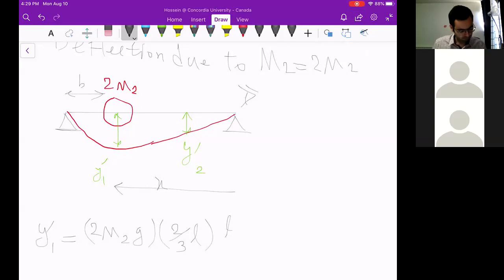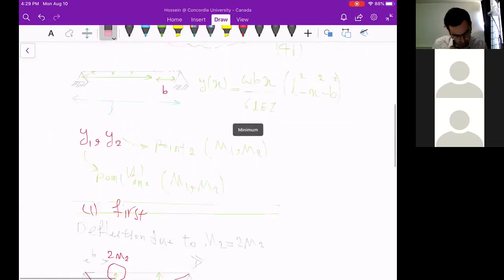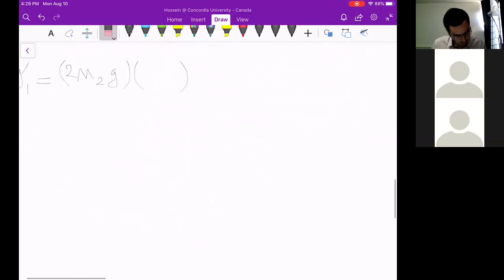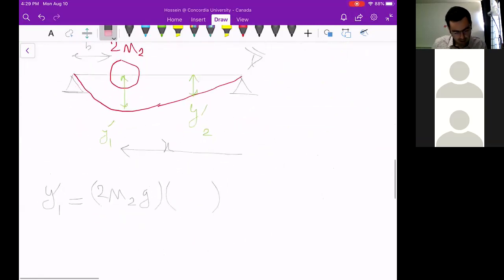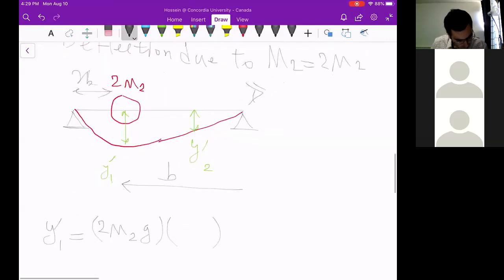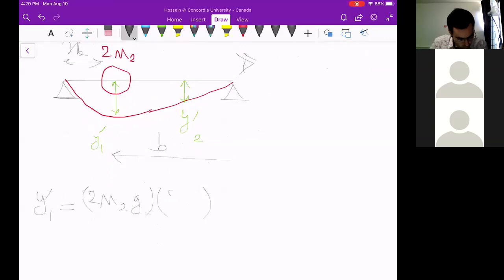The formula is Bx. This is B and this is X. So B is L/3 and X is 2L/3, multiplied by L squared minus X squared minus B squared.